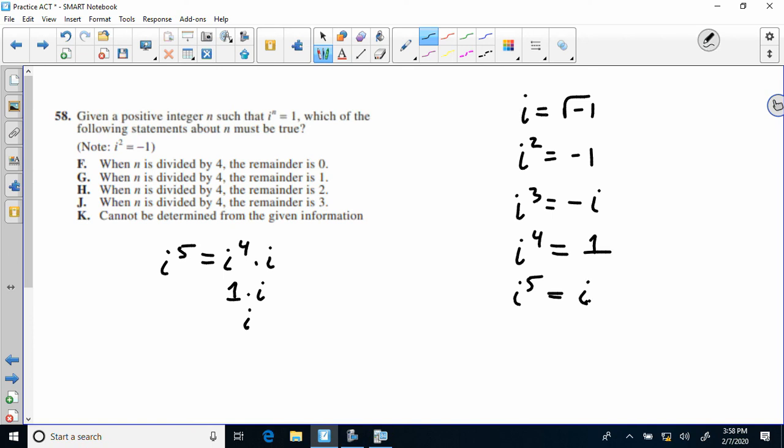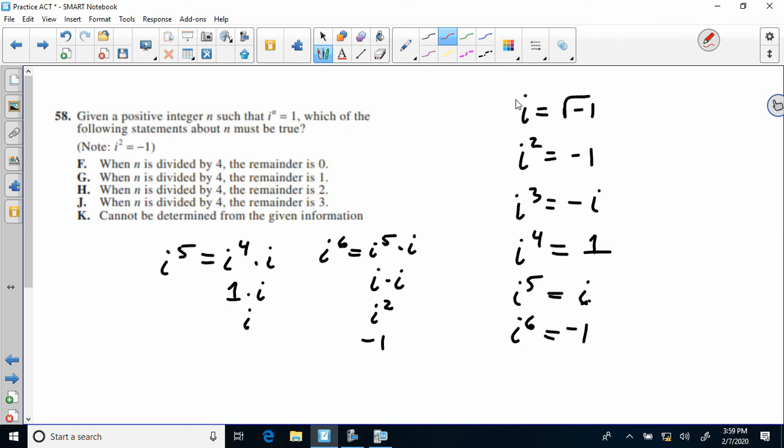I'm going to do one more and then I'm going to stop. i to the 6th would be i to the 5th times i. That's i to the 6th. i to the 5th is i, and i times i is i squared, and i squared is -1. And what you should notice is that it's always rotating. So you're only going to have 4 values.